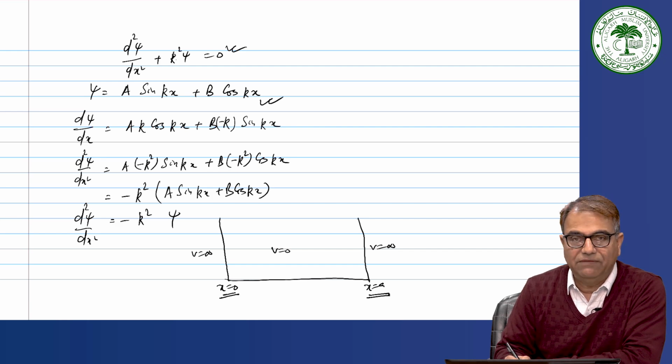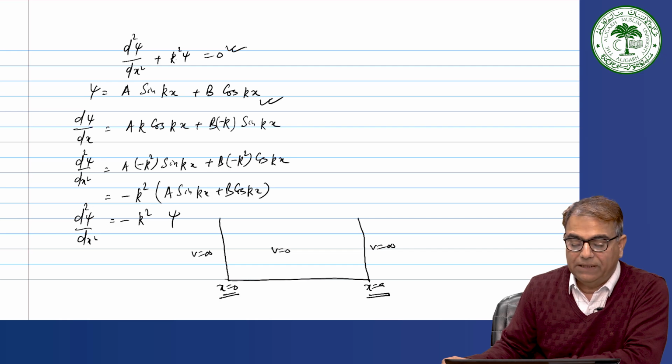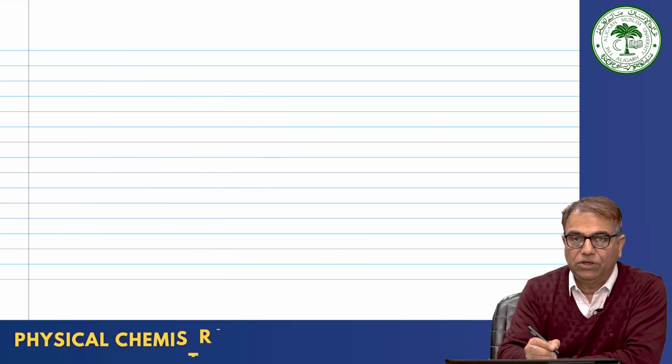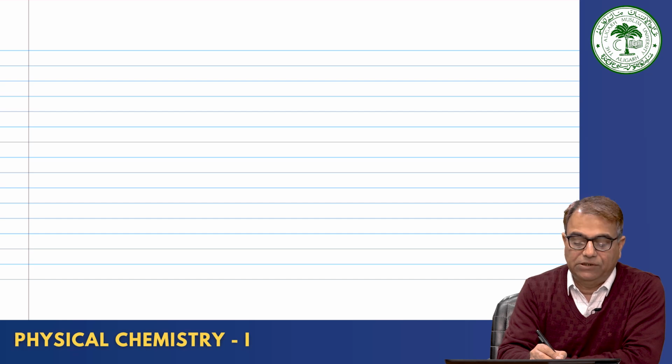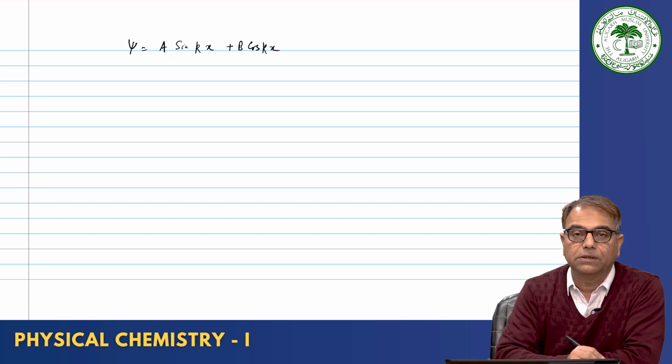Okay. So, psi will be 0, and if psi is 0, then we will apply this boundary condition to the solution of the Schrodinger wave equation, and the solution is psi is equal to a sin kappa x plus b cos kappa x.